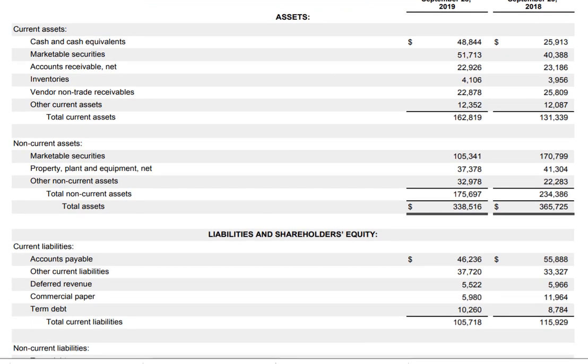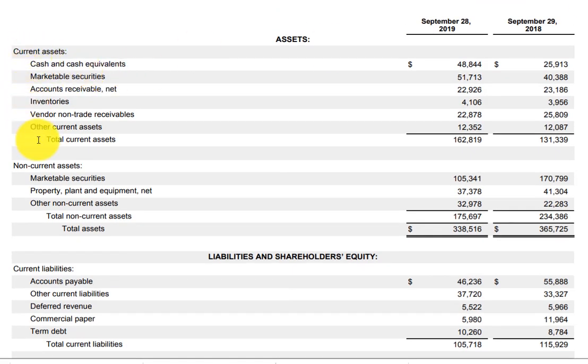Now, balance sheet has current assets, those that can be used to pay bills in the next year. Non-current assets, those that are going to bring benefit past 1 year. And we see the kinds of things.